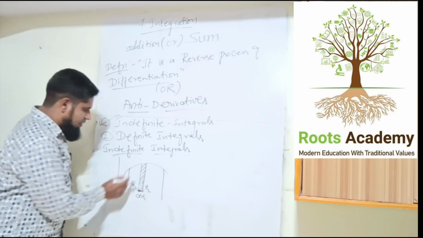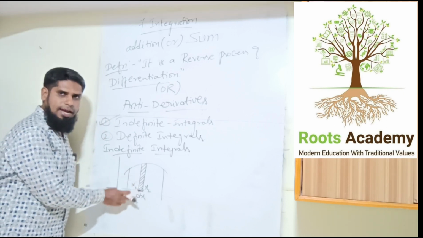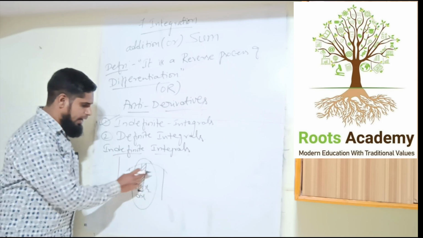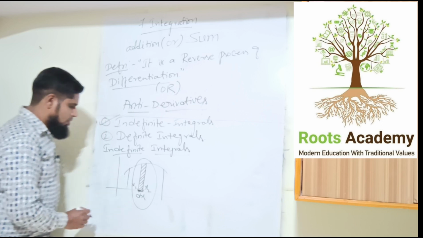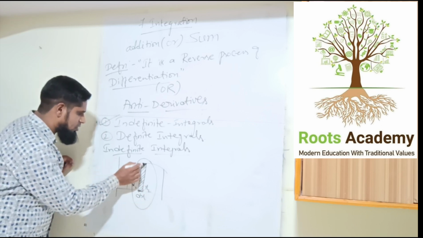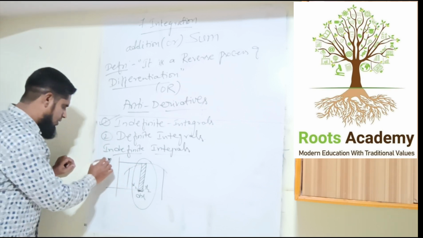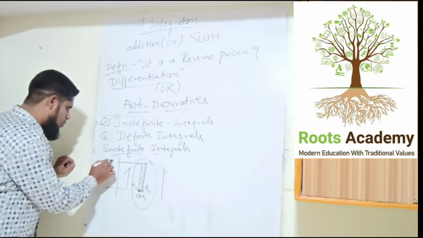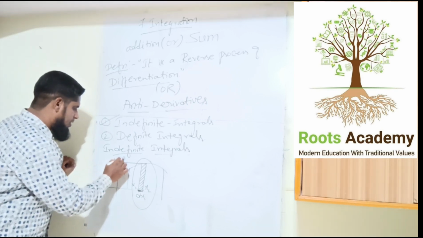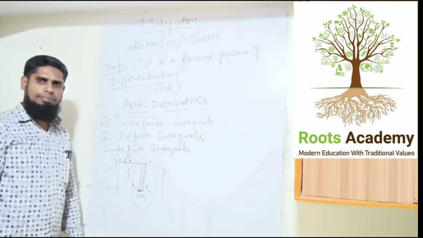Then we can easily observe that this portion looks exactly like a rectangle. Since this is dx on the x-axis, if I measure on the y-axis, it will come like this. This I can call y, or f of x. Y or f of x, both are the same here.